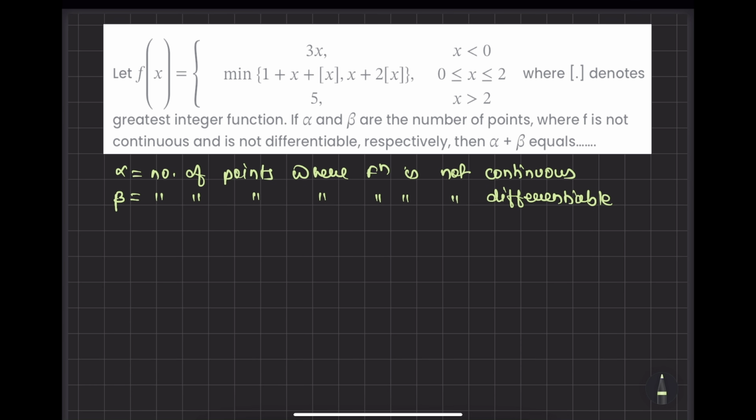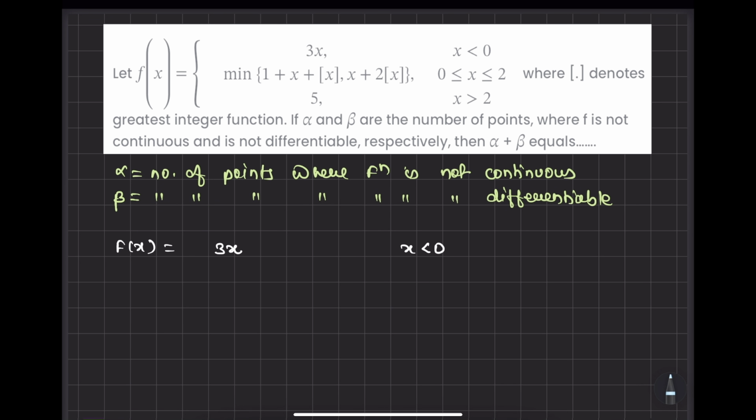Okay, now look at this. If you try to observe the function f of x, f of x goes this way. So it is 3x for x smaller than 0.